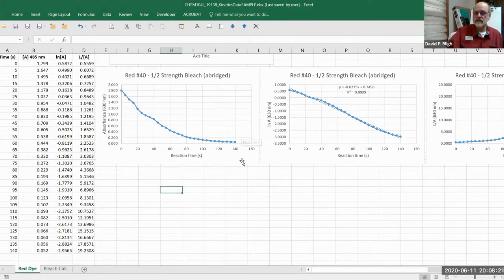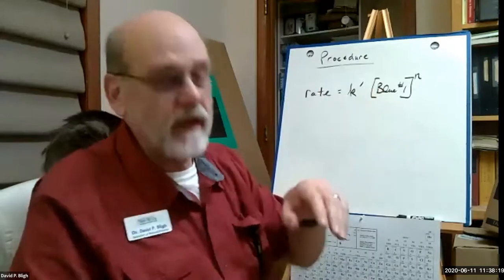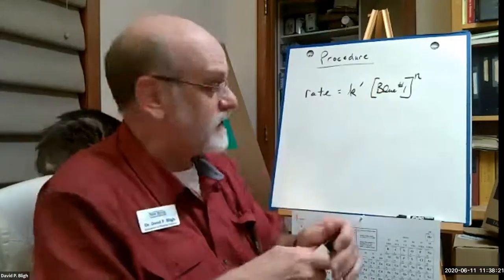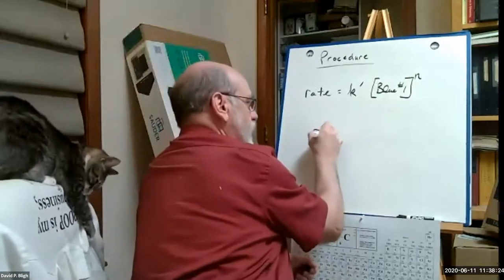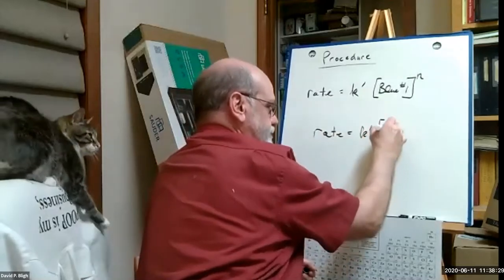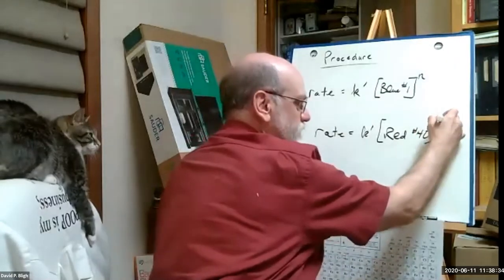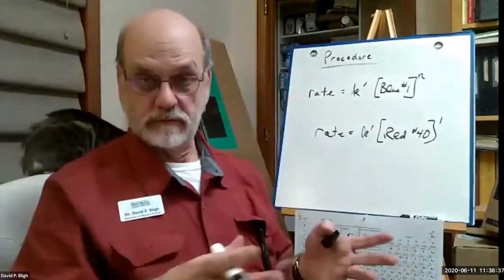All right, so I'm going to unshare this, and we'll continue with that in just a second. Okay, so the rate law for the red dye, as given in that data set, in this case the one that we're dealing with right now, number 40, is first order.